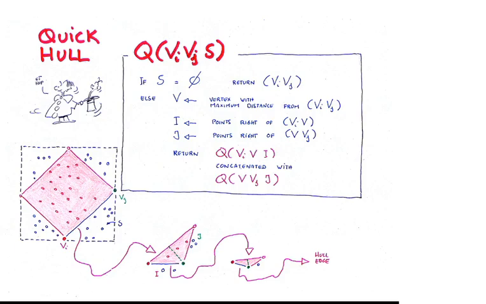If the set of remaining vertices is not empty, you compute the position of this vertex that I will call v, and you do the same job for the edge vi to v, and for v to vj, and you concatenate the results.